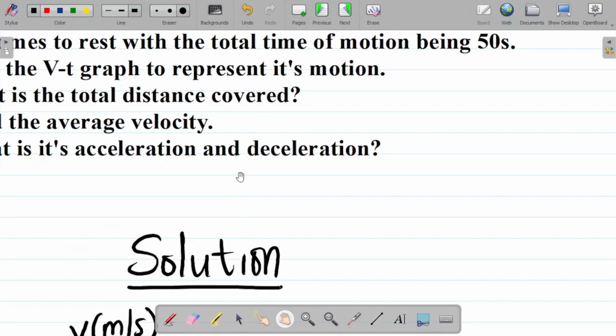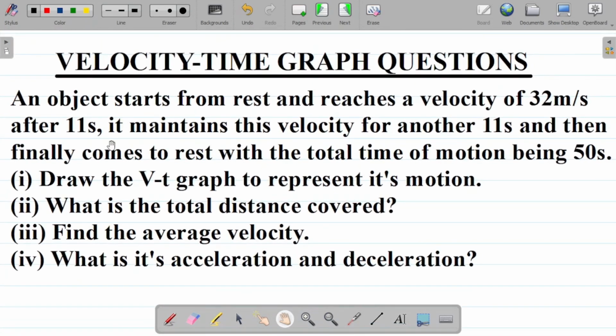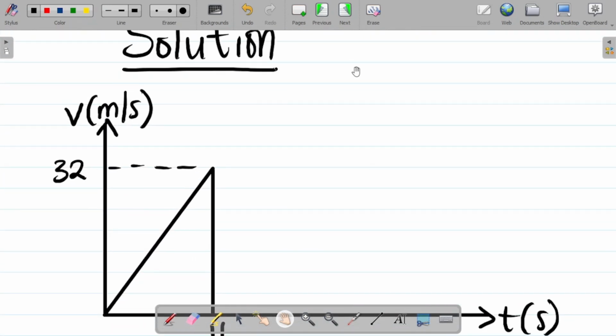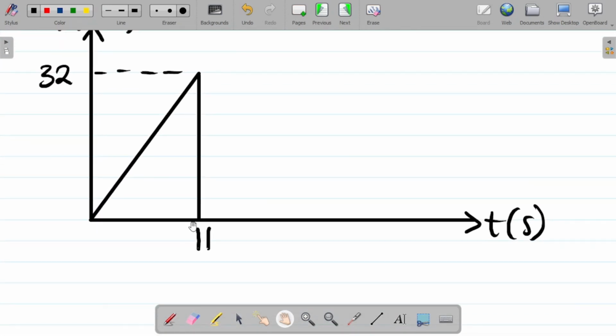Let's proceed. They said it maintains this velocity for another 11 seconds. We have our first 11 seconds, let's get another 11 seconds. What would that mean? It means that from this 11 seconds here, I will add another 11 seconds.